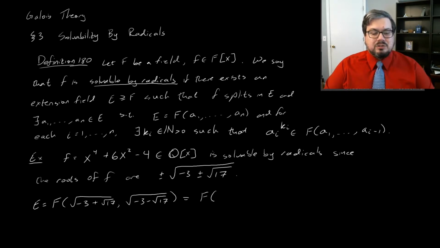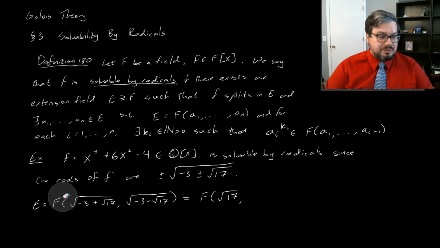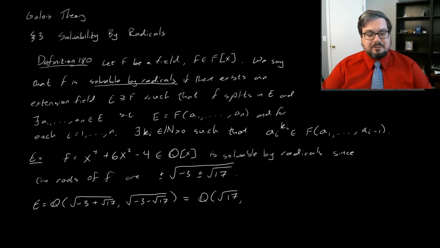However, if we include an additional element of this field, which is the square root of 17, which certainly exists in the field E, then we could say that the field E is the smallest field containing the rationals. I should be using the rationals here instead of F. So the smallest field containing the rationals and the square root of -3 plus the square root of 17. Now, this element, if you raise it to the second power, belongs to the field Q with the square root of 17.